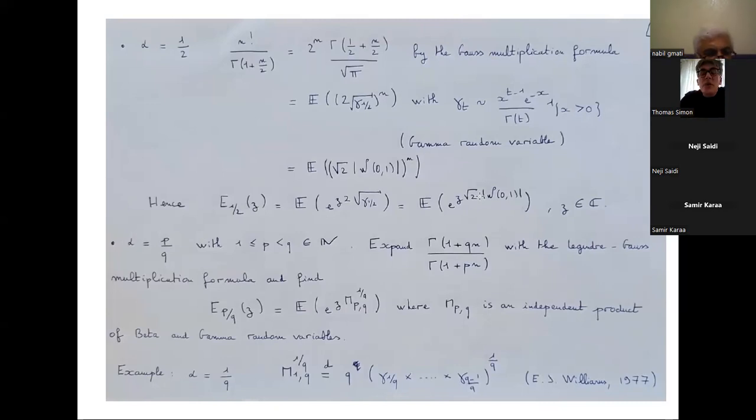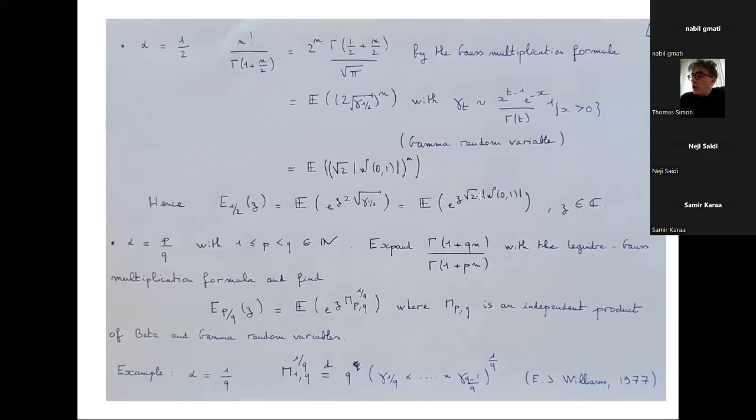So 2 times this square root is also square root of 2 times the absolute value of the standard Gaussian random variable. So for this reason, which is extremely classical and known by Mittag-Leffler actually, you have an underlying Gaussian process. More precisely, you have the absolute value of Brownian motion lying behind. So the supremum of Brownian motion is also lying behind.